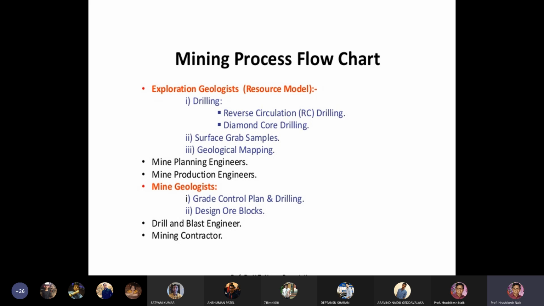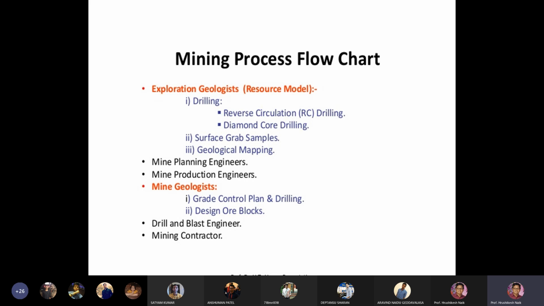And finally, the mining geologists also, while the mining is carried out, control the grade. Grade control is carried out by planning and drilling and by designing the ore blocks.